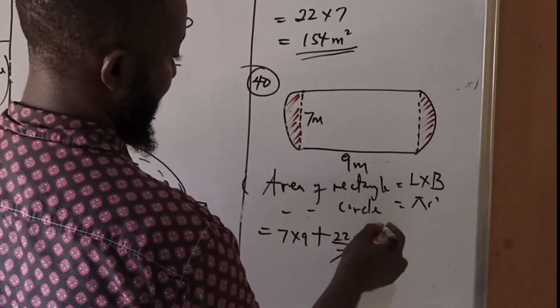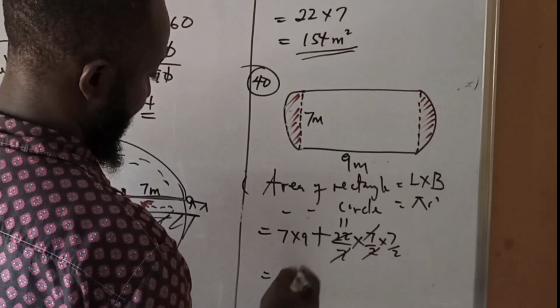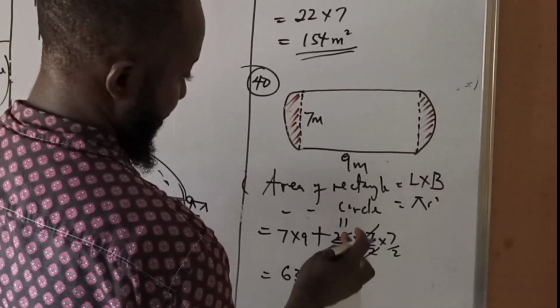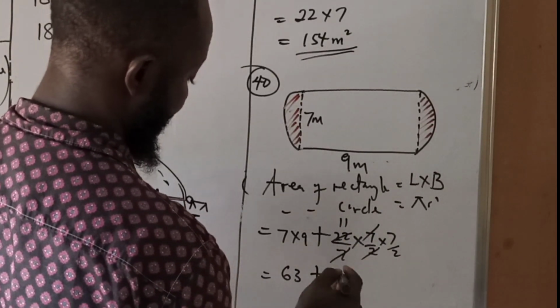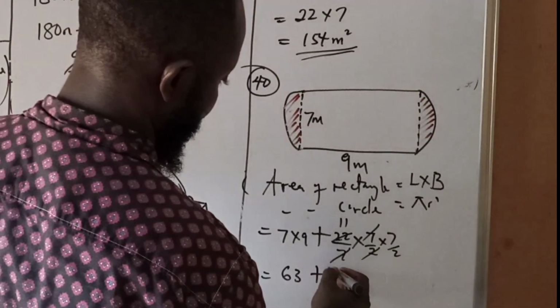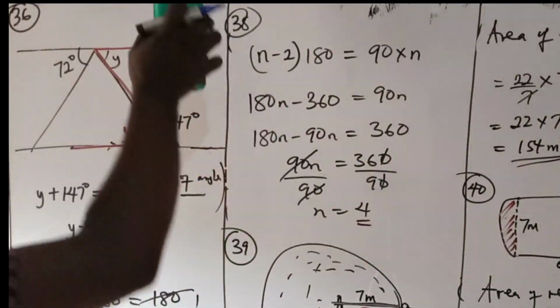So 7 cancels 7, 2 times 2 is 4, 22 over 4 gives 11 over 2. So we then have 7 times 9 is 63, plus 11 times 7, that is 77 divided by 2.